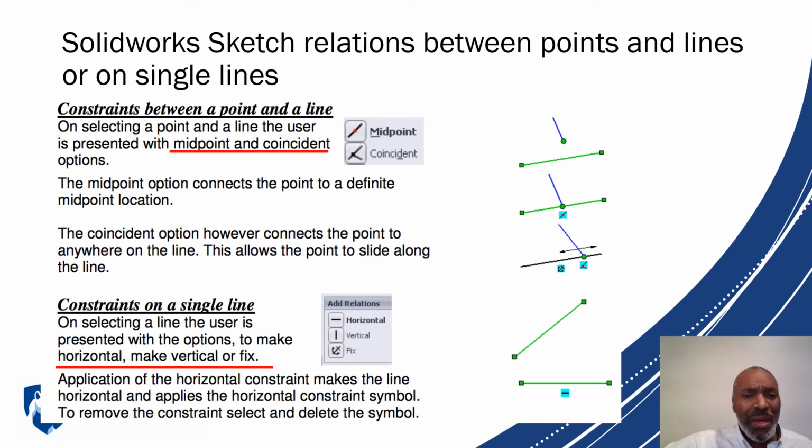If we're looking to have relationships between points and lines, or relationships for single lines, then for a point and a line, we could make the midpoint, where the point is sitting on the middle of the line, or coincident, so that the point has to be on the line, but it's free to move along the line. We can also constrain single lines, again here horizontal or vertical or fixed in space.